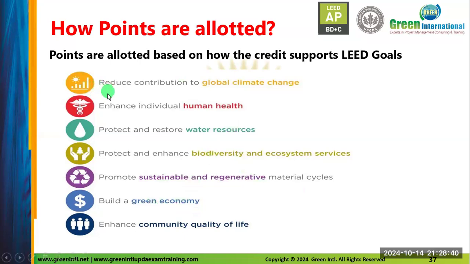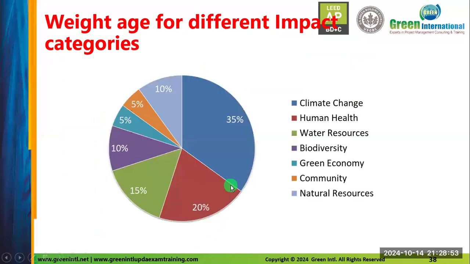That's why credits related to global warming and so on have more impact and higher points in LEED. You will ask me, what percentage? Climate change or global warming takes 35%, then human health takes 20%, and after that water, biodiversity, and so on, until you get 5% for natural resources and community. I hope this is clear.